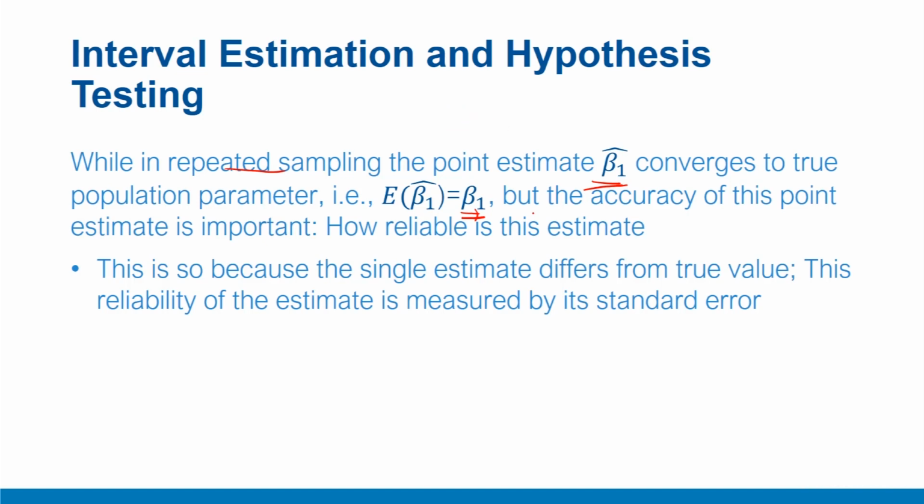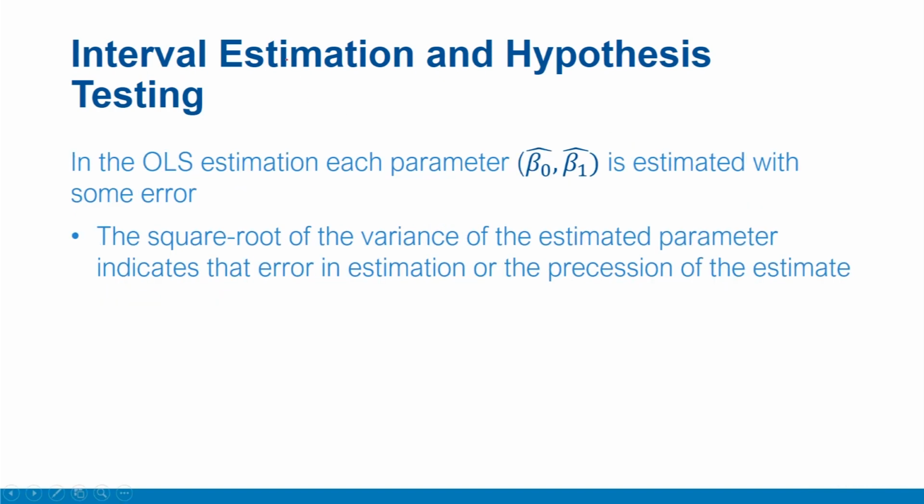Therefore, the accuracy of this point estimate beta 1 hat is important. How reliable is this estimate? Because this single estimate definitely differs from the true population parameter, the reliability of this estimate is measured by the standard error. Please recall that in OLS estimation of the regression model, each parameter estimate, for example beta naught hat or beta 1 hat, is estimated with some error.